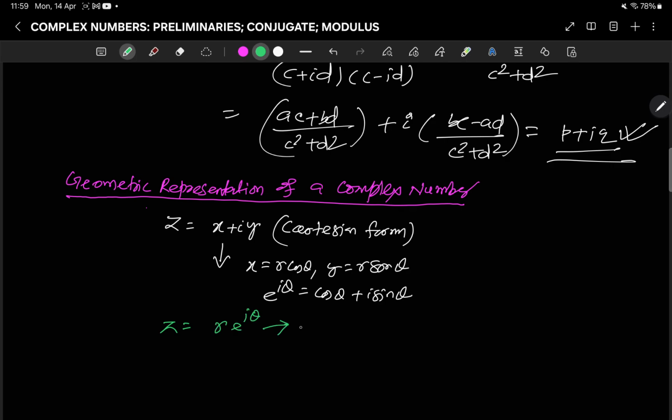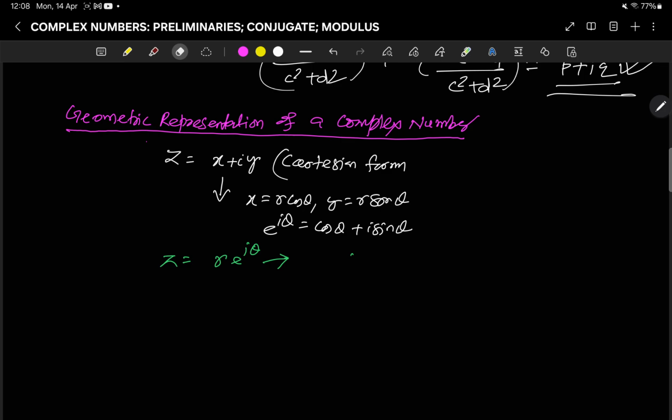Z equal to x plus iy is the Cartesian form.